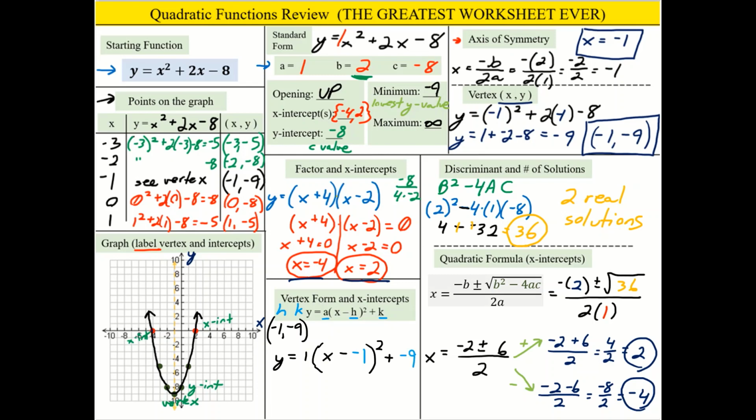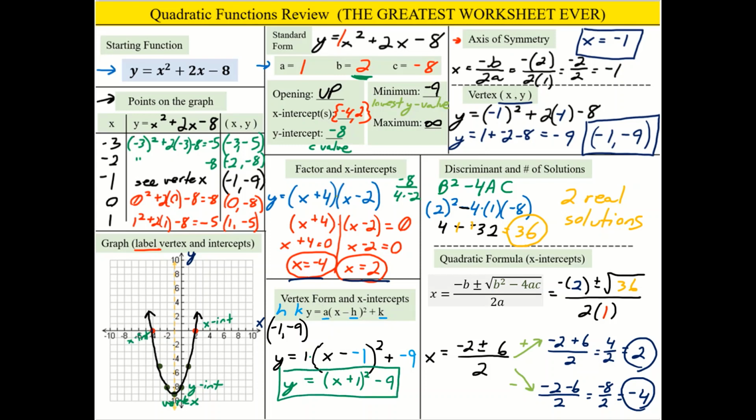And that could be cleaned up a little bit. The 1 at the beginning is not necessary, 1 times anything. So y equals minus negative 1, that's x plus 1 squared minus 9.